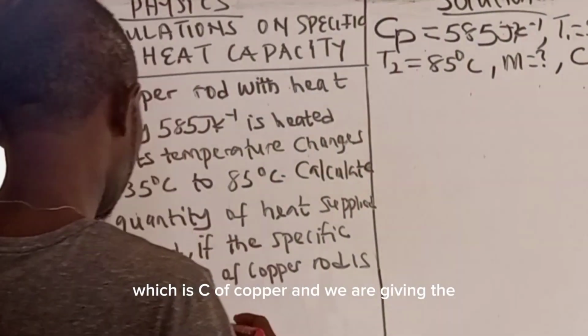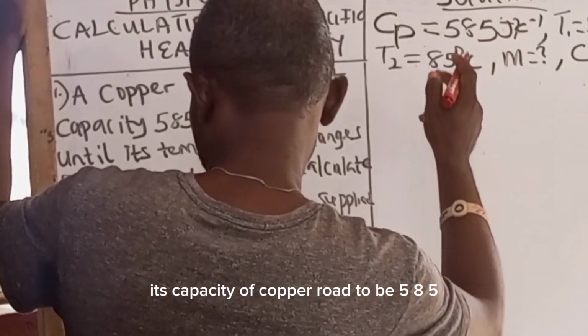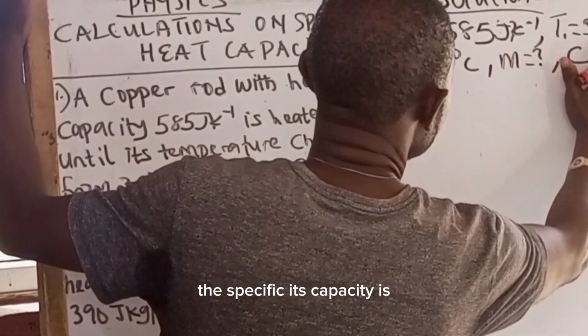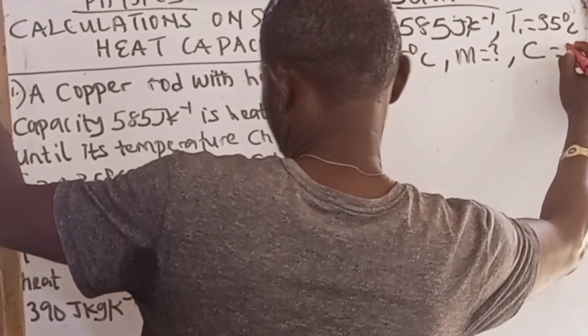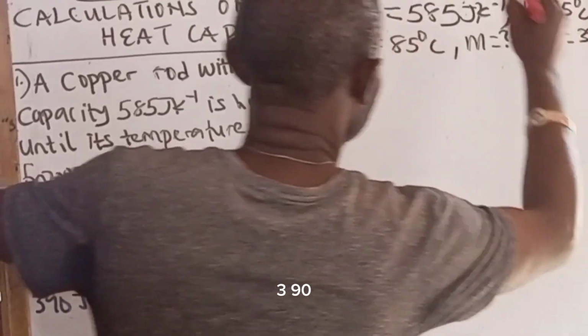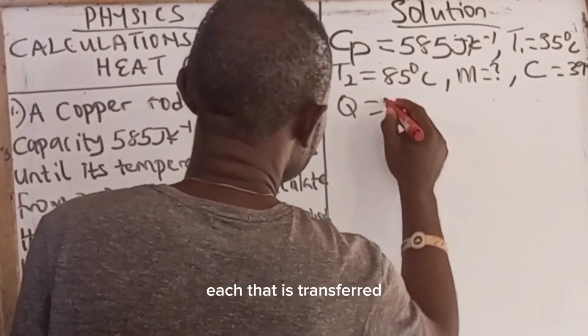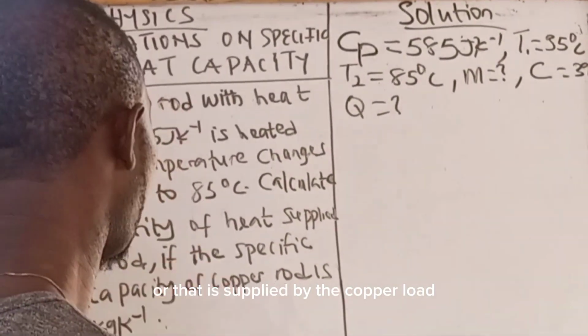And we are given the heat capacity of the copper rod to be 585. Then the specific heat capacity is 390. So the question is, we want to look at the quantity of heat that is supplied to the copper rod.